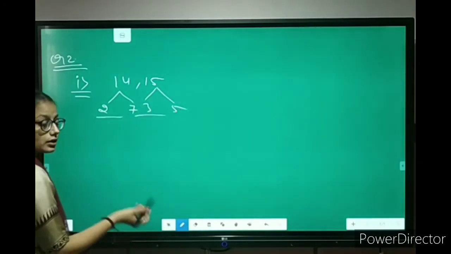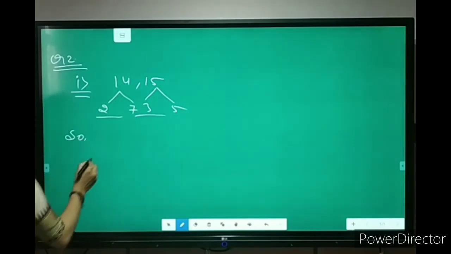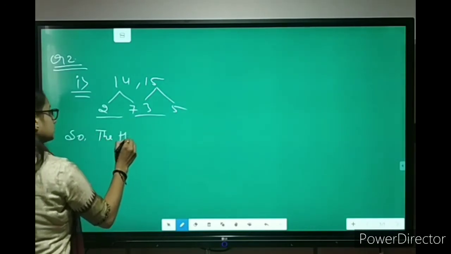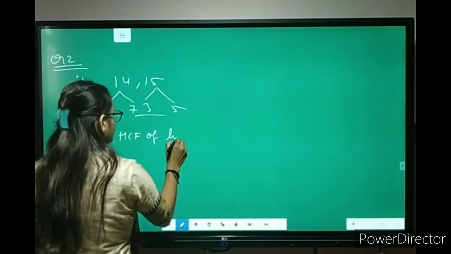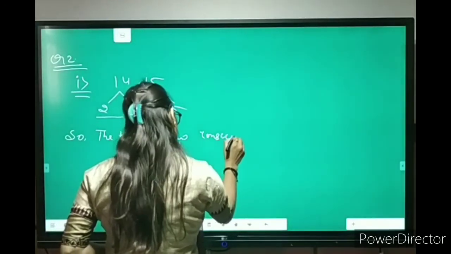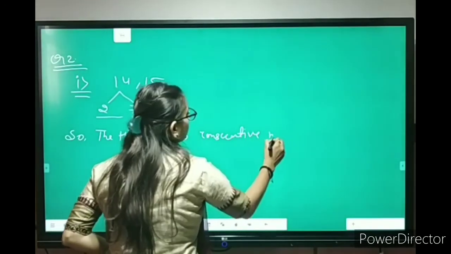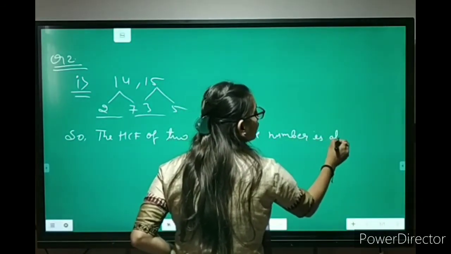No common factor. So the HCF of two consecutive numbers is always 1.